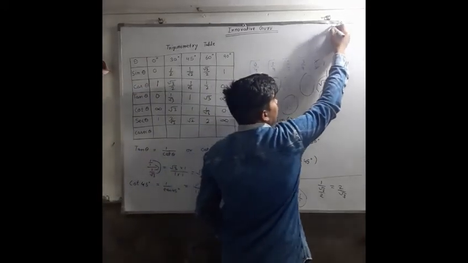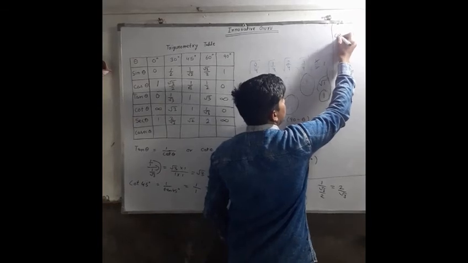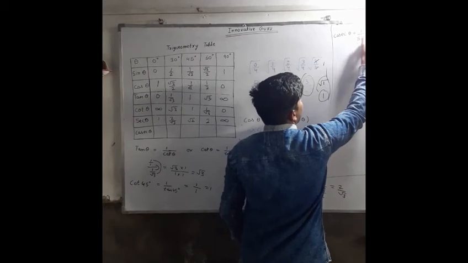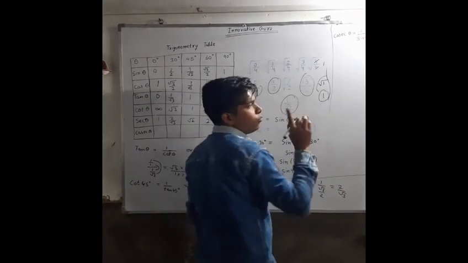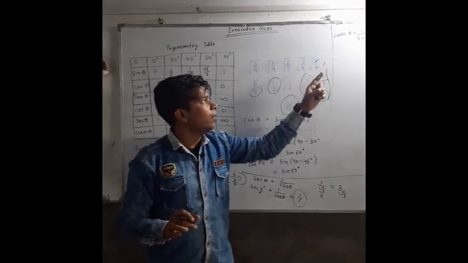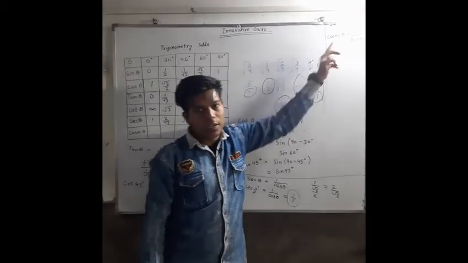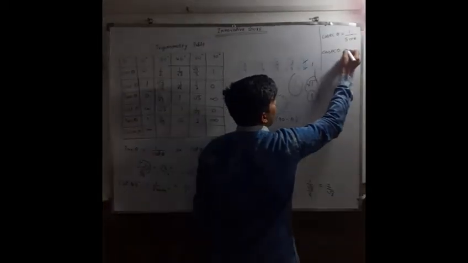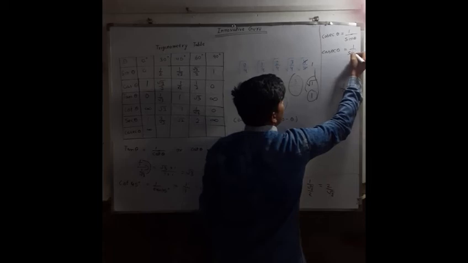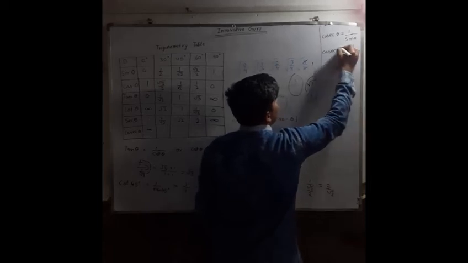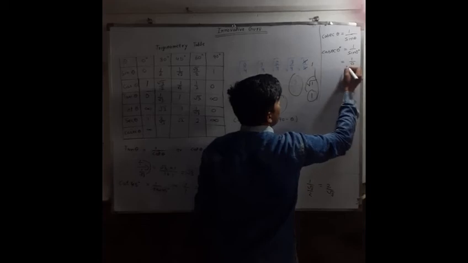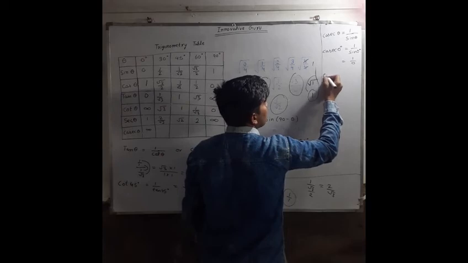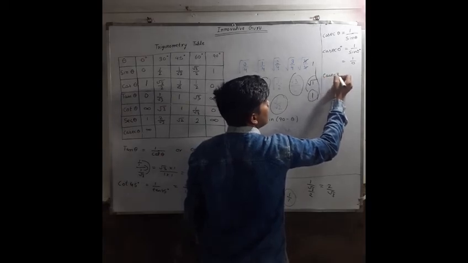So cosec theta is equal to 1 upon sine theta. You have to put the values of sine theta, you will get to know the value of cosec theta. It's very easy. You are going to find the value of cosec 0, so it means 1 upon sine 0, so it is 1 by 0, it means it is infinity. And for next, cosec 30.